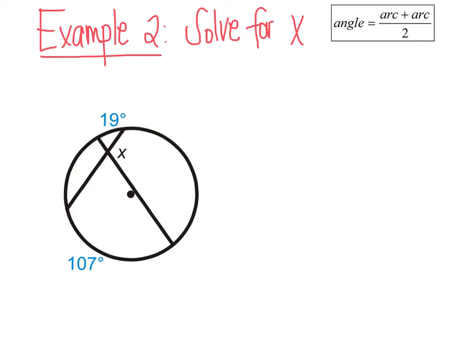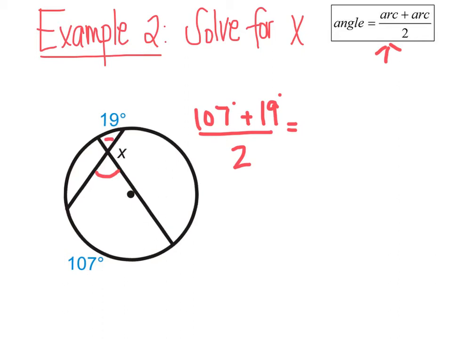Our next example is a little different, but we're still solving for x. And we're still using the same formula up in the top corner. So our arc we have is 107 degrees plus 19 degrees divided by 2 gives me the angle right here.